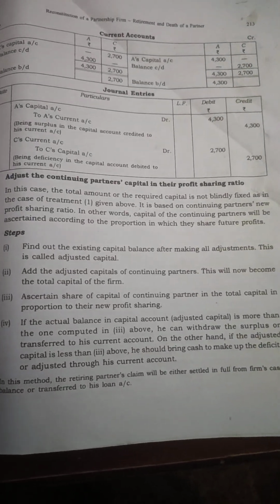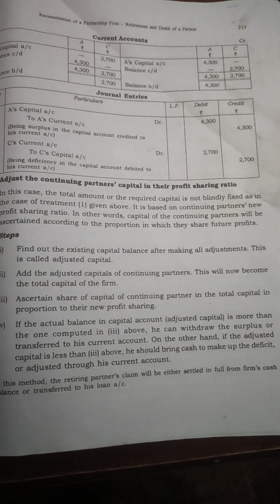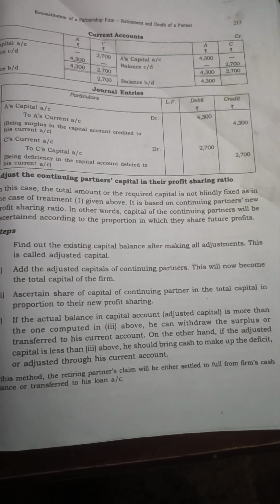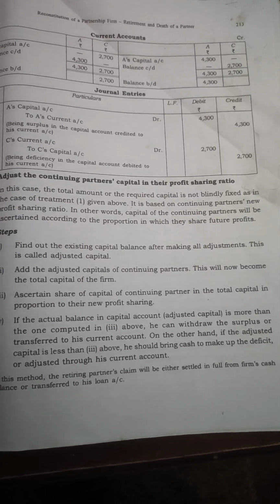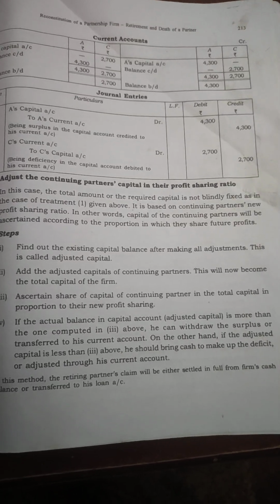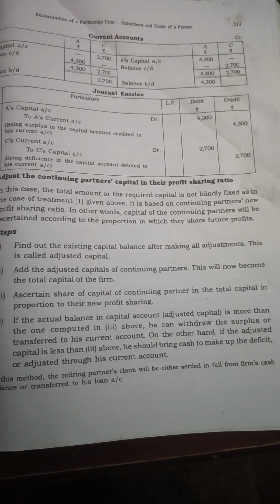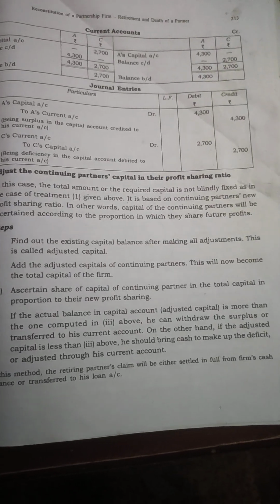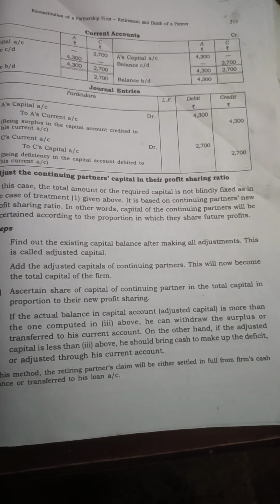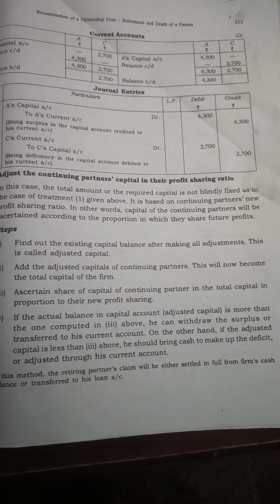The steps to be followed for calculating this are: find out the existing capital balance after making all adjustments. This is called the adjusted capital. Add the adjusted capital of the continuing partners. This will now become the total capital of the firm.